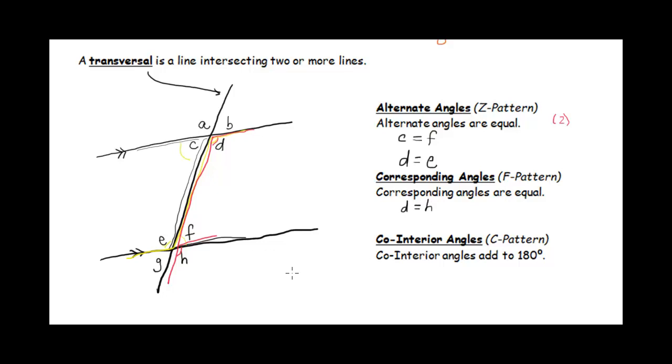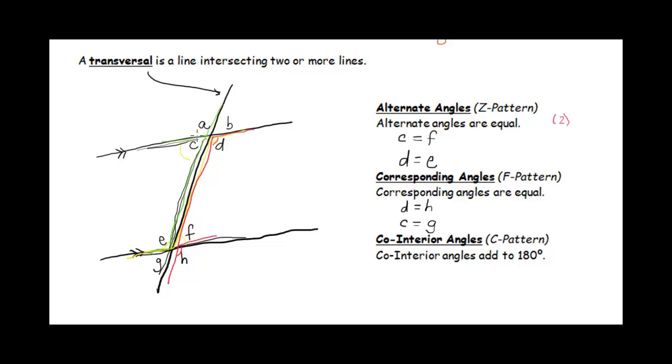F's are a little more complicated because I can draw an F that looks like a regular F, but I can also draw a backwards F, one that goes this way, with one fork here and then one fork here. That would tell me that angle C is equal to angle G. But I can also draw what look like upside down F's. There's one that goes this way and like this.